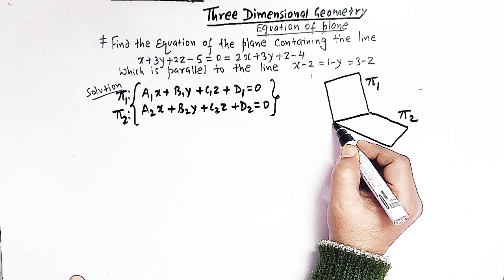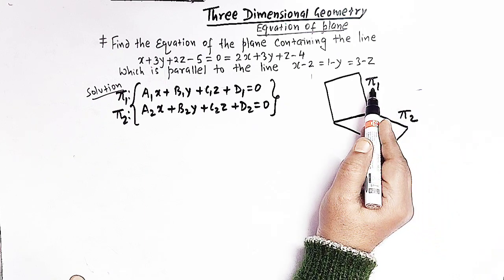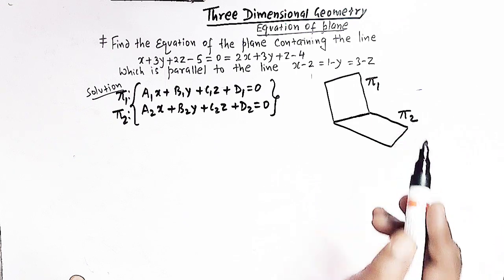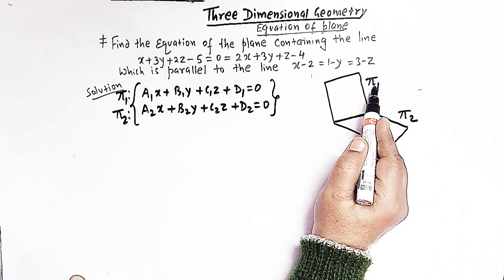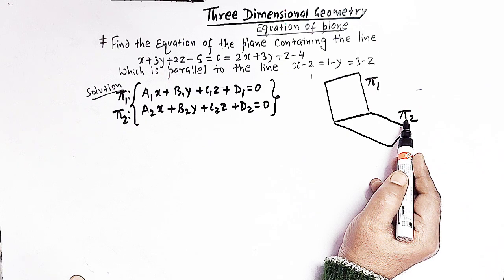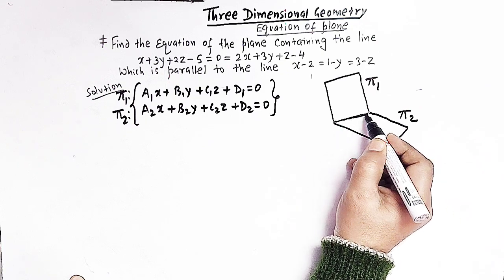So this is the line of intersection of these two planes pi 1 and pi 2, and any point which is common to pi 1 and pi 2 must satisfy the equation of this line.